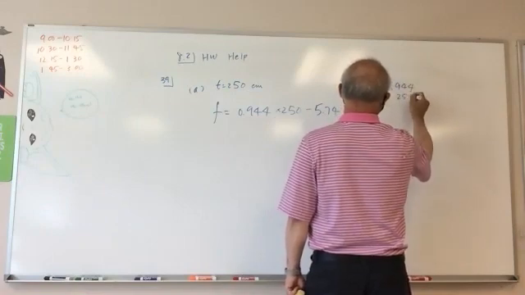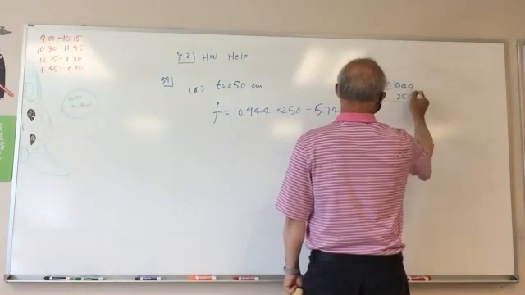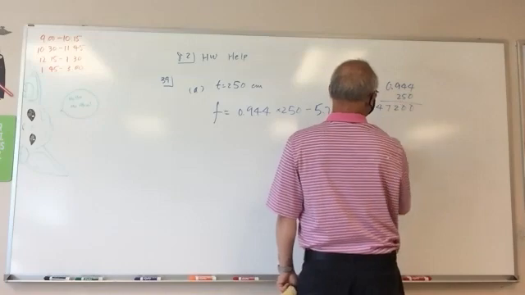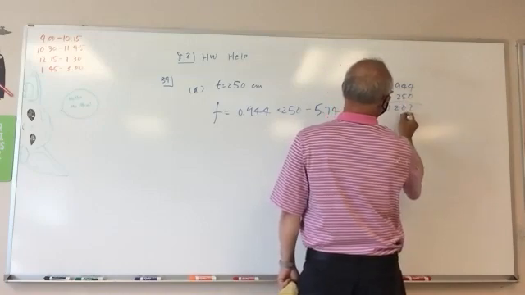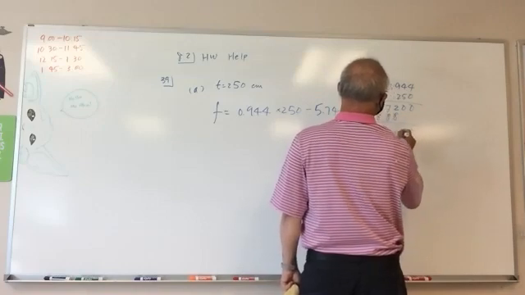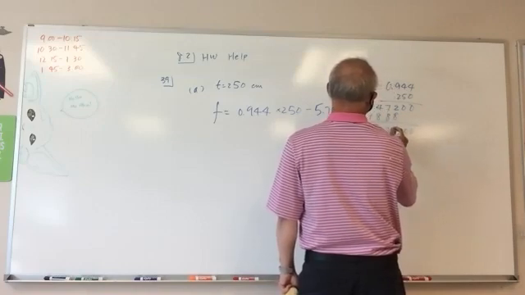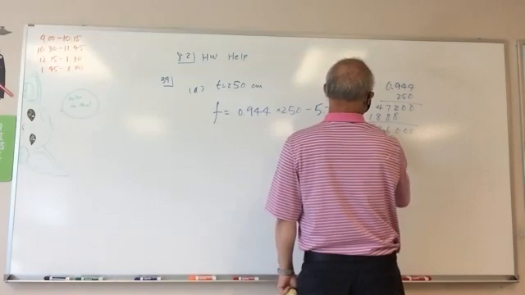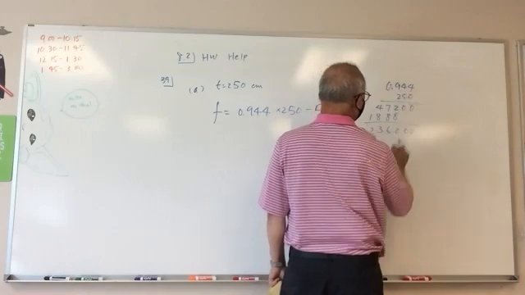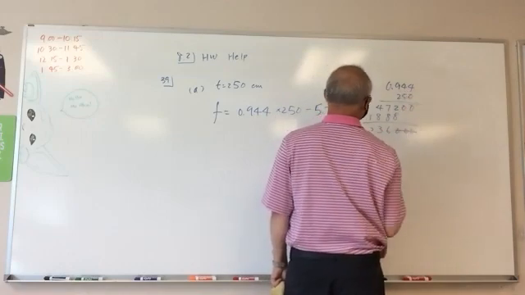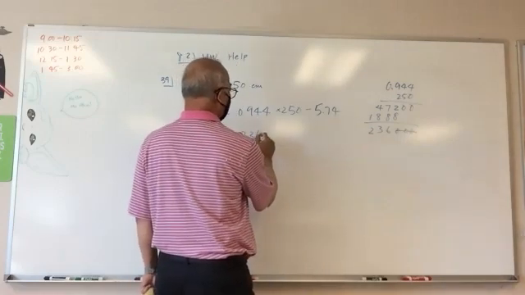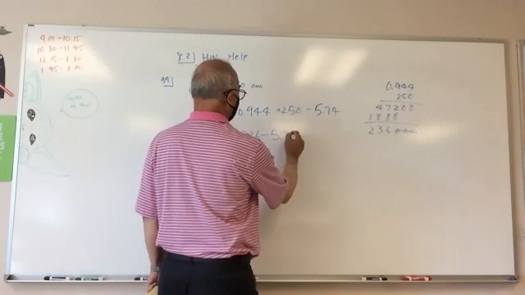So if we did the white shark, we get 0.944 times 250, which is equal to 236. So this is going to be equal to 236 minus 5.74.